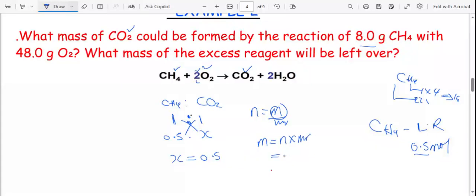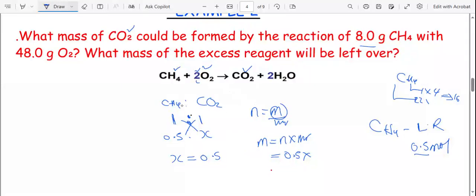So the mole we have is 0.5, or half, times the molar mass of carbon dioxide. Now, what is the molar mass of carbon dioxide?